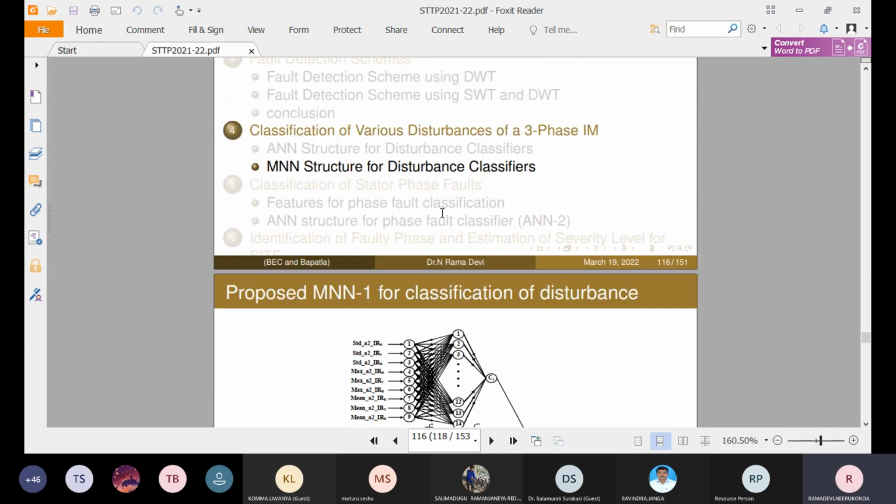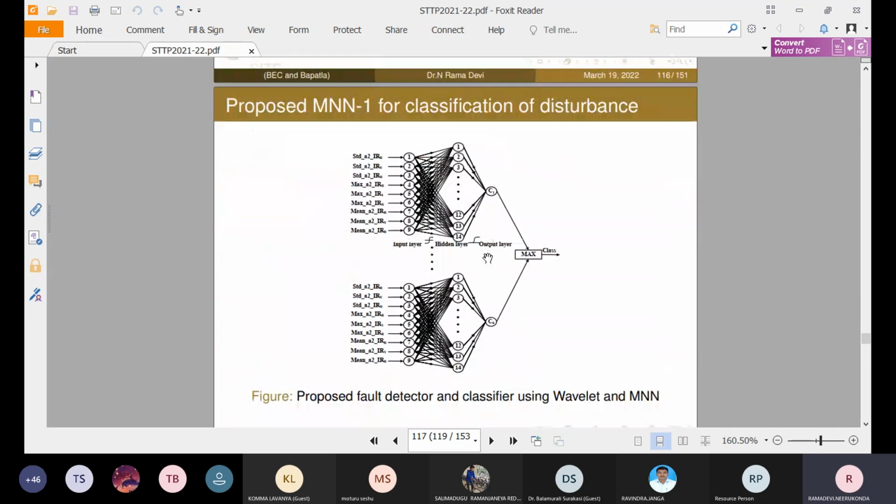In the feed forward network, a single network trains all 6 types of disturbances, so the targets are all 6 types of disturbances. But here the target we give for each modular network is a single target.